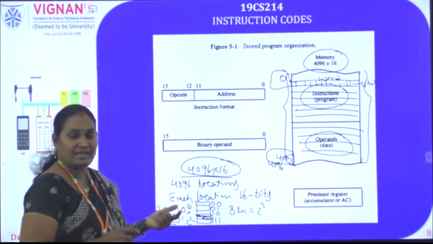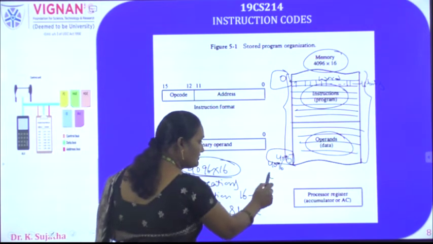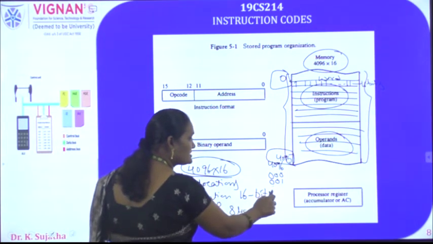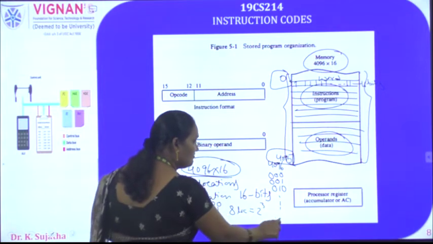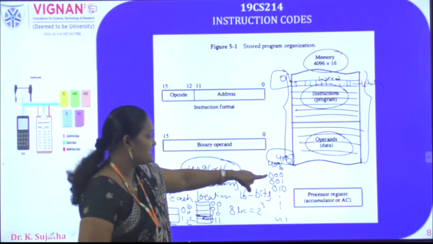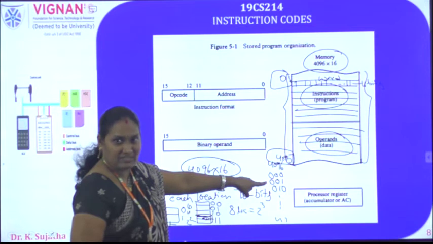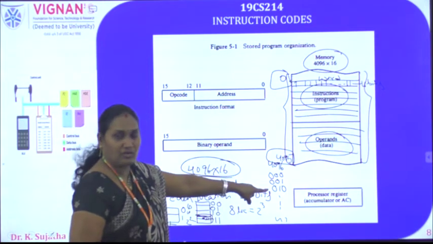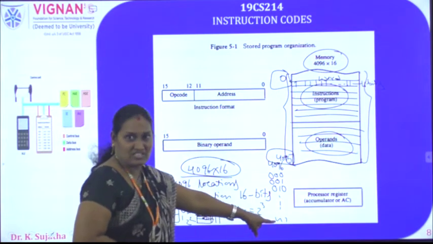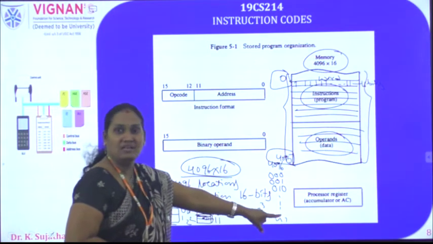We need 3 bits, with addresses from 000 to 111. The first location is 000, the second is 001, the third is 010, and so on. The last location, that is the 8th location, is 111.